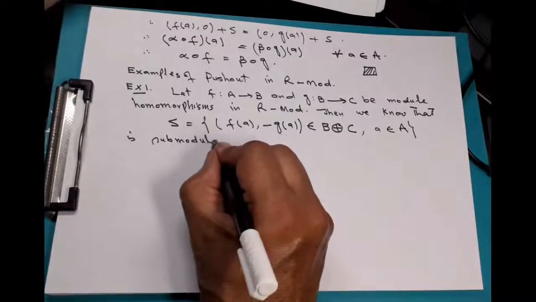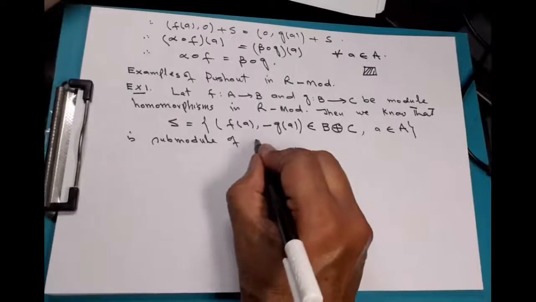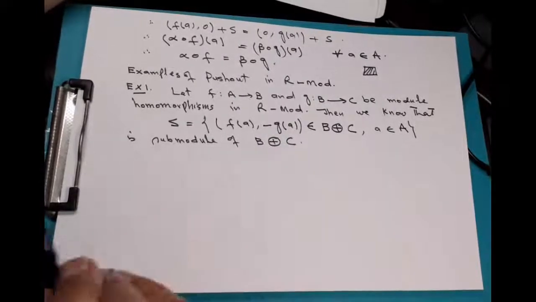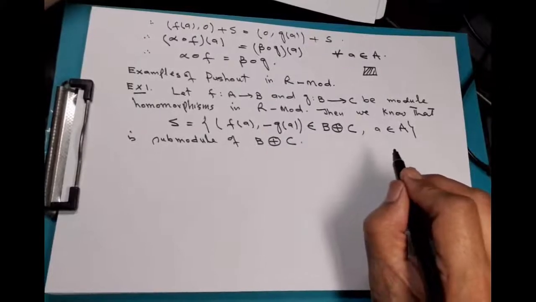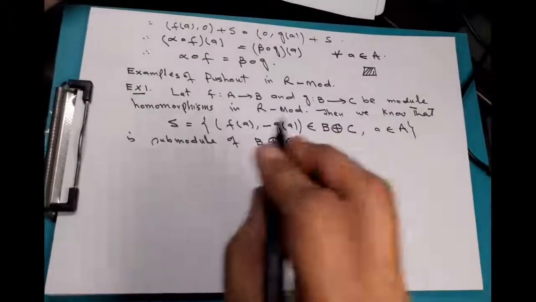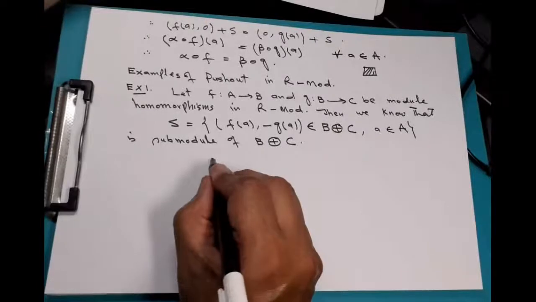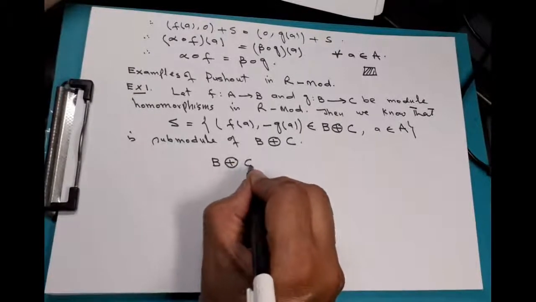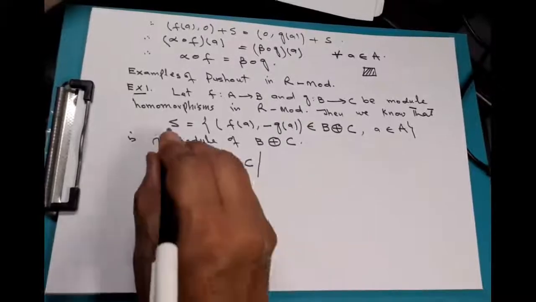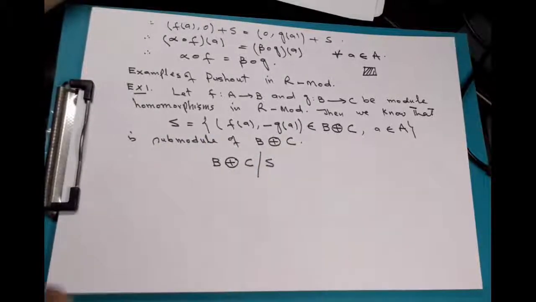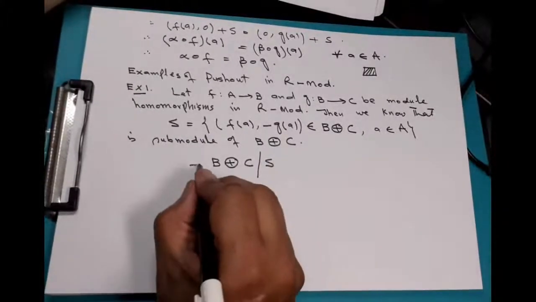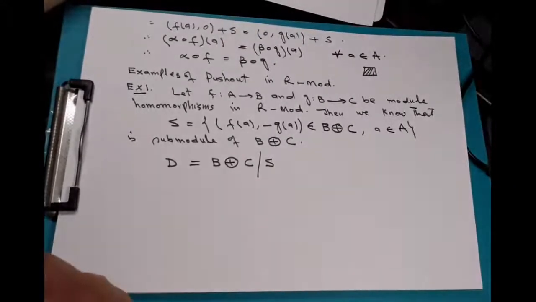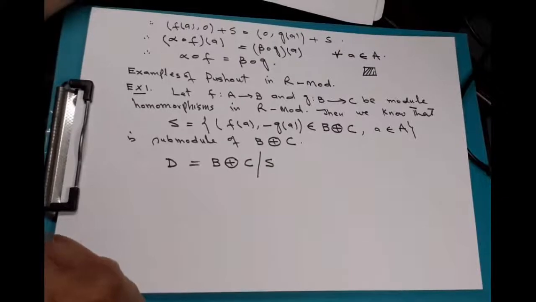So we can factor this direct sum with its submodule S. This is a quotient module and we denote it by capital D.